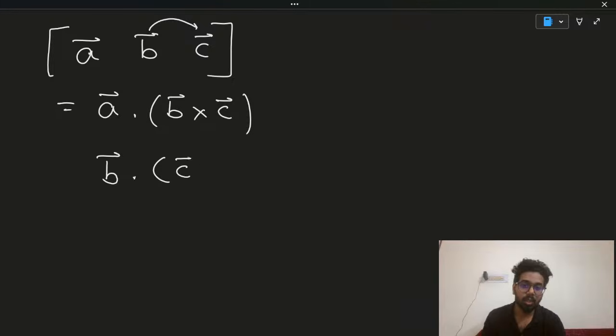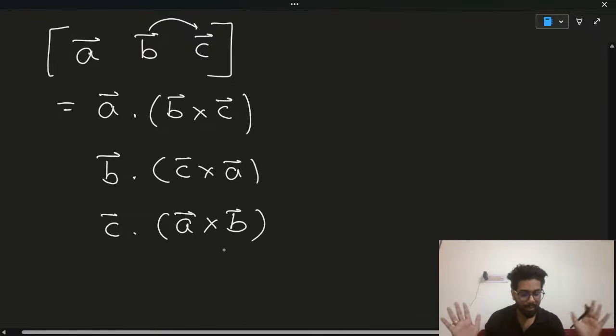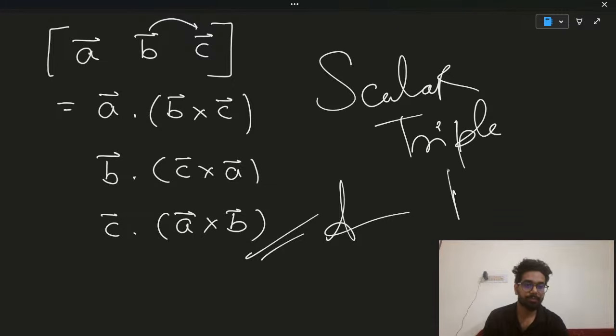C. Cross, after C, you go in a cycle with A. If you are starting with C, dot, what comes after C in the cycle? A. And then after A, take a cross product with B. Simple. Okay, that's so easy. Alright, so this is your scalar triple product.